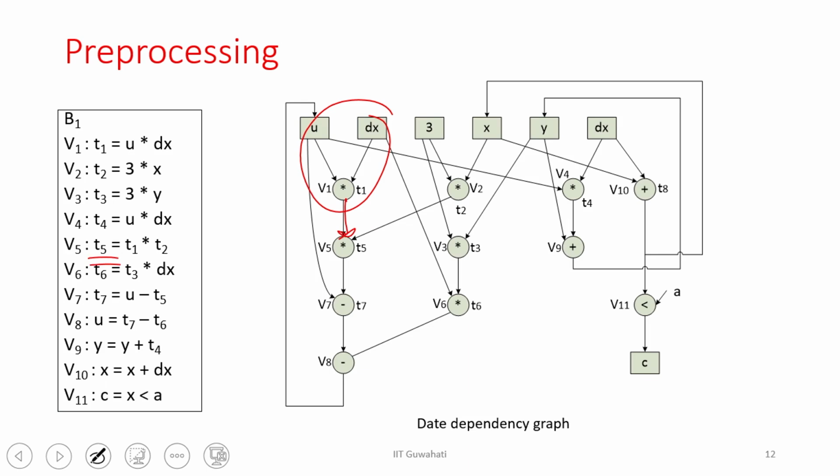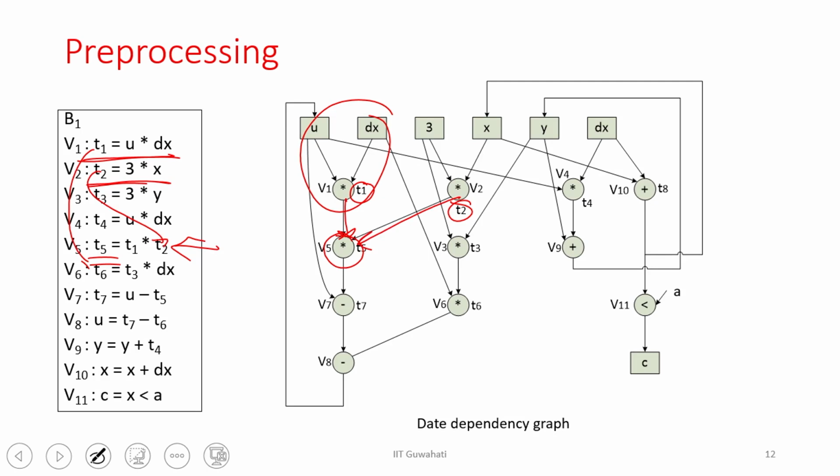That means until this operation is done, you cannot execute this operation, because there is a dependency from this one, and similarly from this operation also there is a dependency to this. For this operation, this is your T1, this is your T2, and they are coming here.